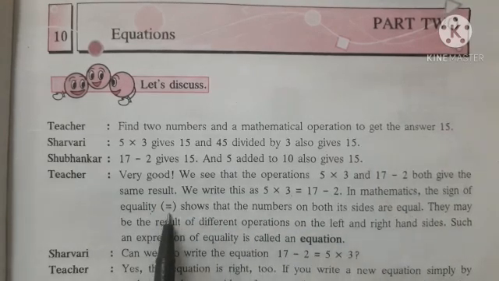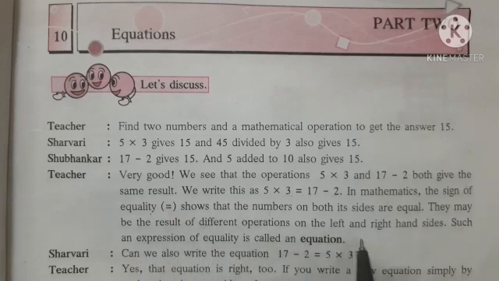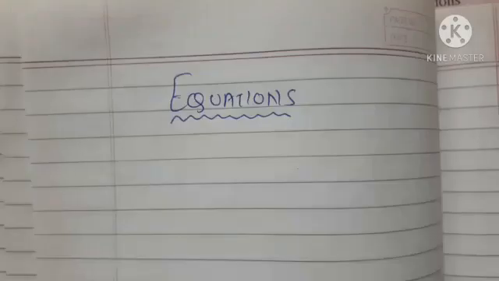When the equal sign is shown, it means the numbers are equal on both sides. They may be the result of different operations on the left and right hand sides. Such an expression of equality is called an equation.